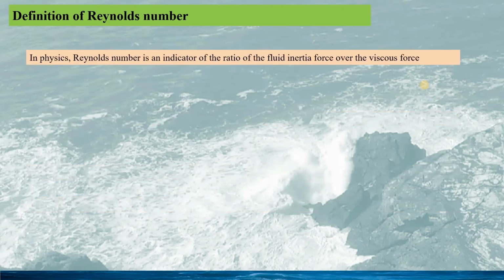As I have shown before in my talk on the physical meaning of Reynolds number, in physical understanding, the Reynolds number is an indicator of the ratio of fluid inertial force over the fluid viscous force.